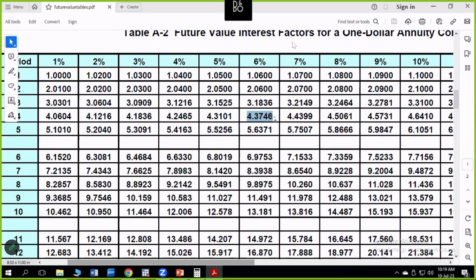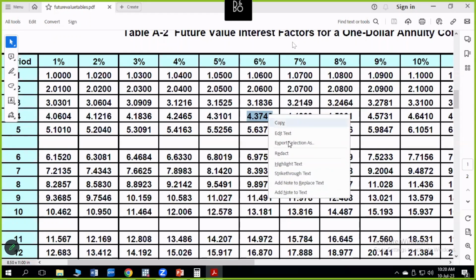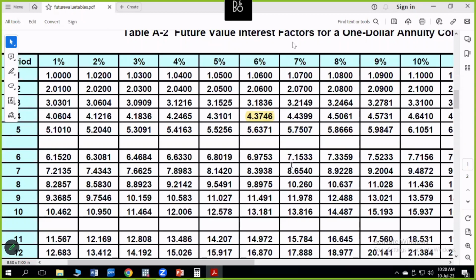So this amount is there. That is at 6%, the fourth year, this amount is coming: 4.3746.